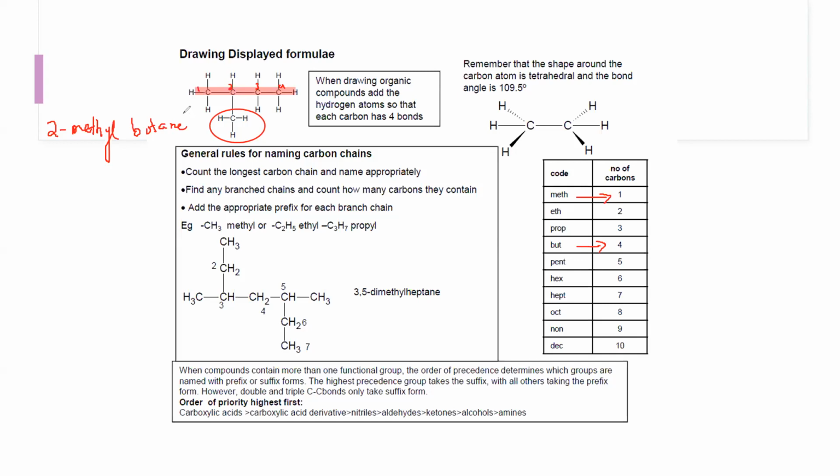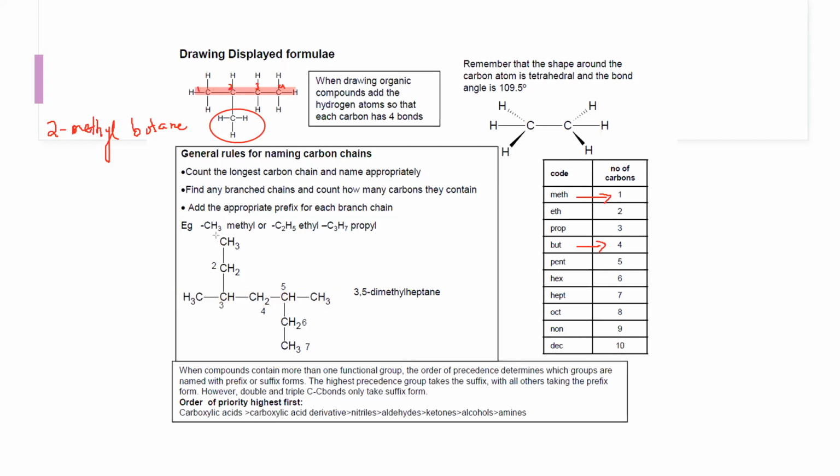The first one, we select the longest carbon, then the numbering should start from the nearest branch or the functional group, and then we name the branch first and then the whole structure. Same way, if you check the other one, when we try to find the maximum carbon, this is one way, 1, 2, 3, 4, 5.